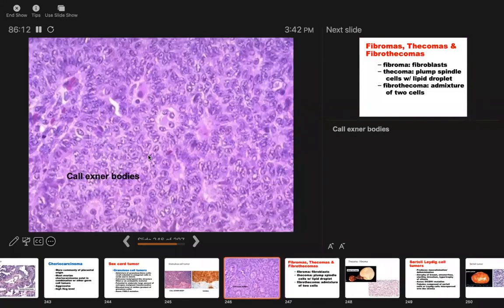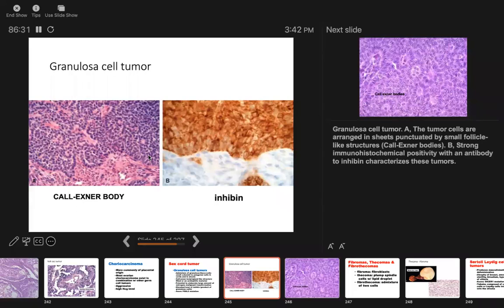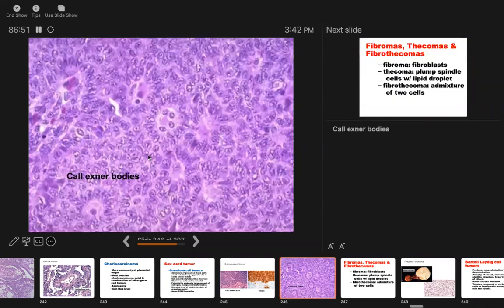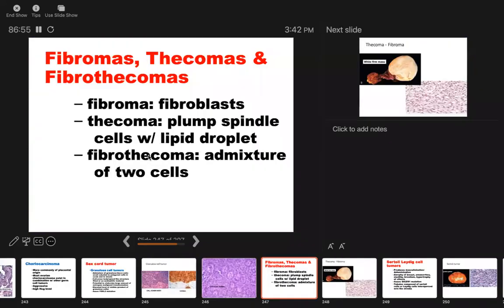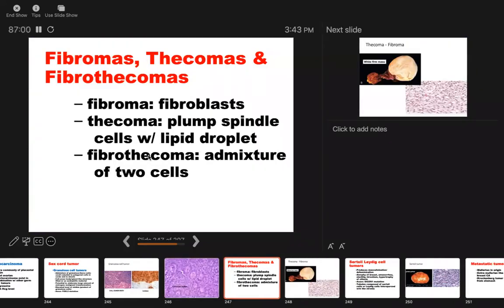Inhibin is a biomarker that is useful, as I have mentioned, for identifying granulosa tumor and also for monitoring the prognosis of your patient undergoing therapy. So again, Call-Exner.